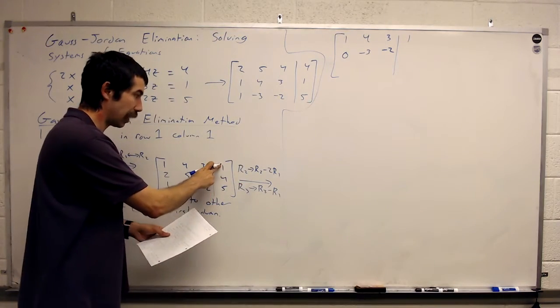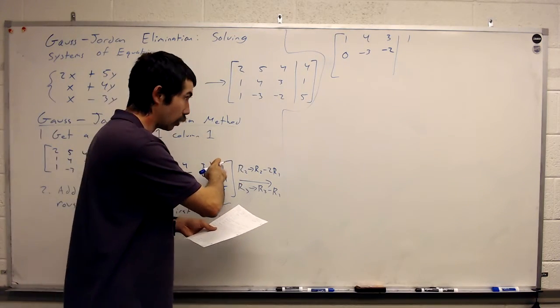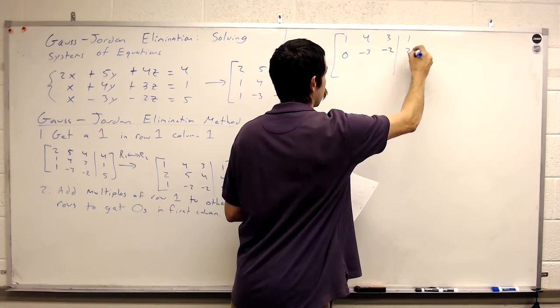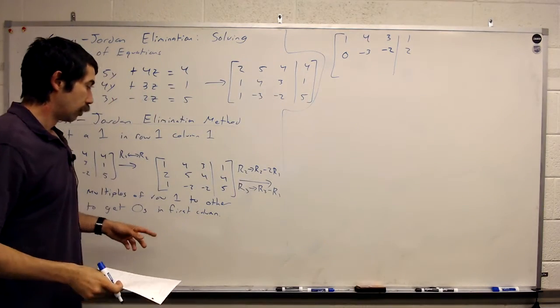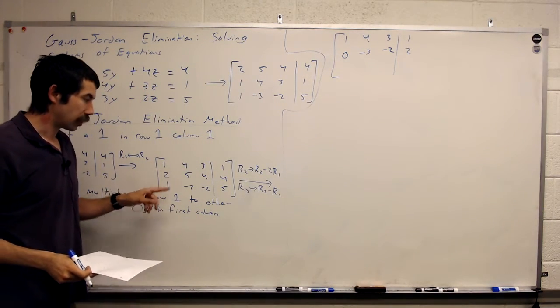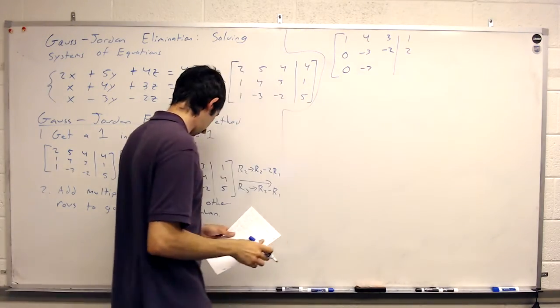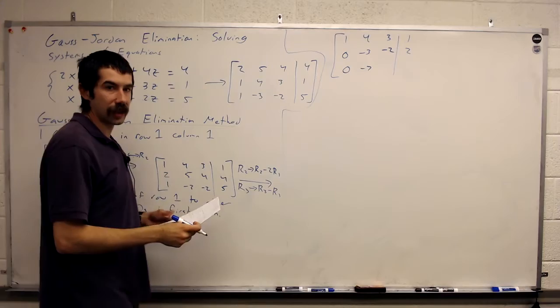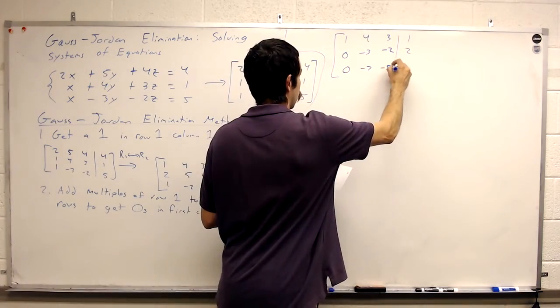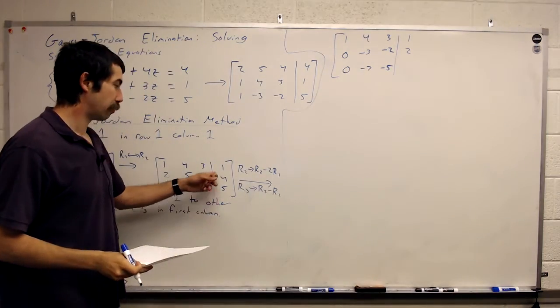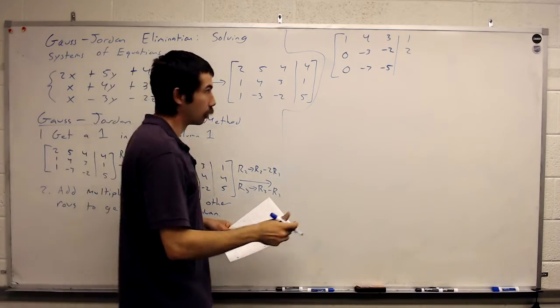And 4 minus 2 is 2. For the bottom row, 1 minus 1 is 0. Negative 3 minus 4 is negative 7. Negative 2 minus 3 is negative 5. And 5 minus 1 is 4.